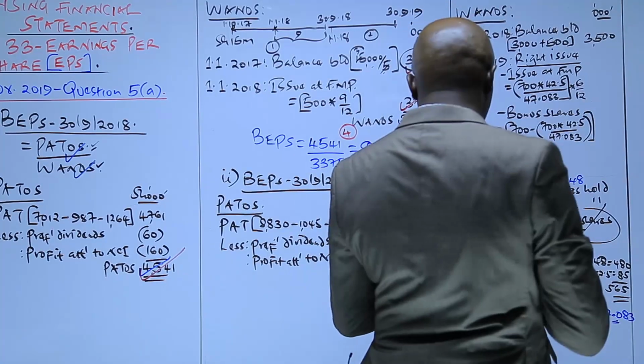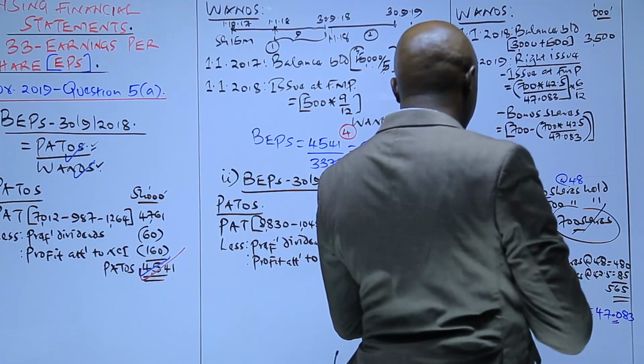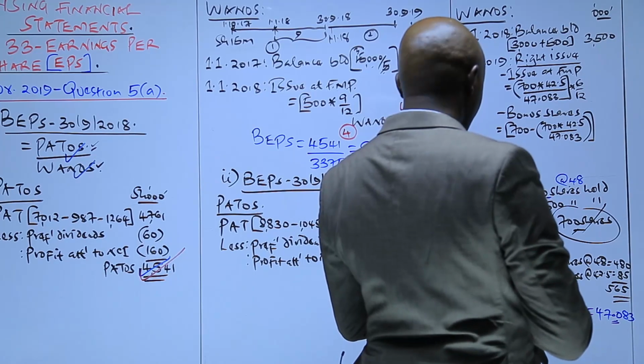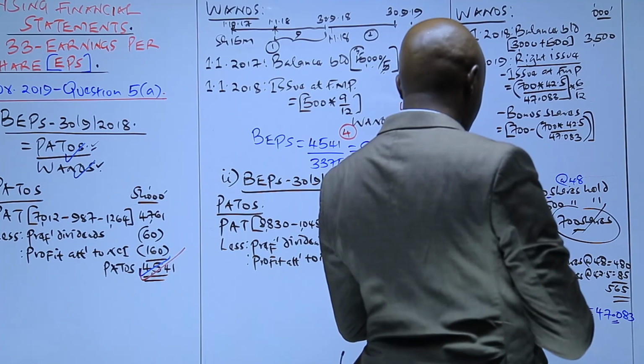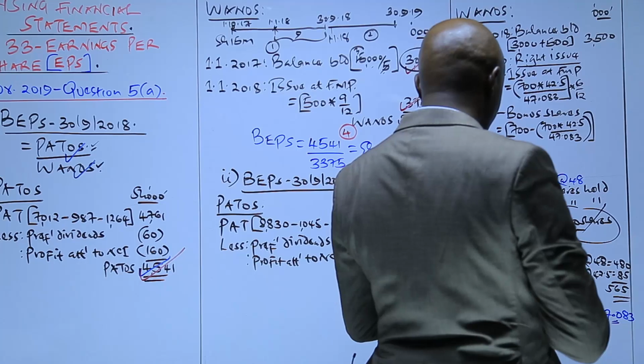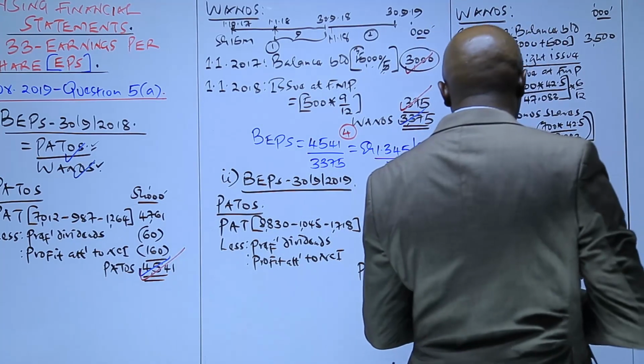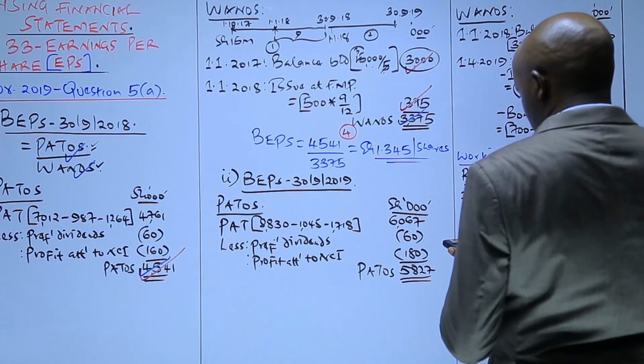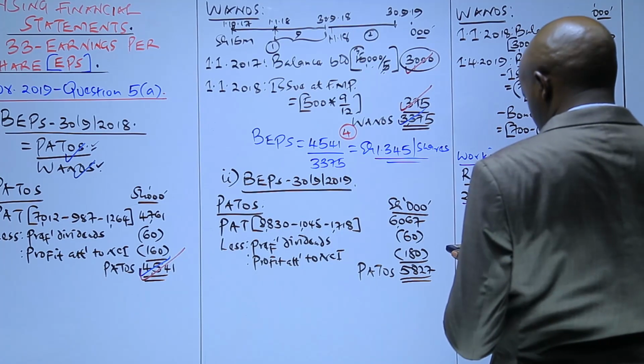Yes, so let's first of all determine the shares issued at full market price, 700 times 42.5 divided by 47.083, which will give us 631. Okay, let's take that again.